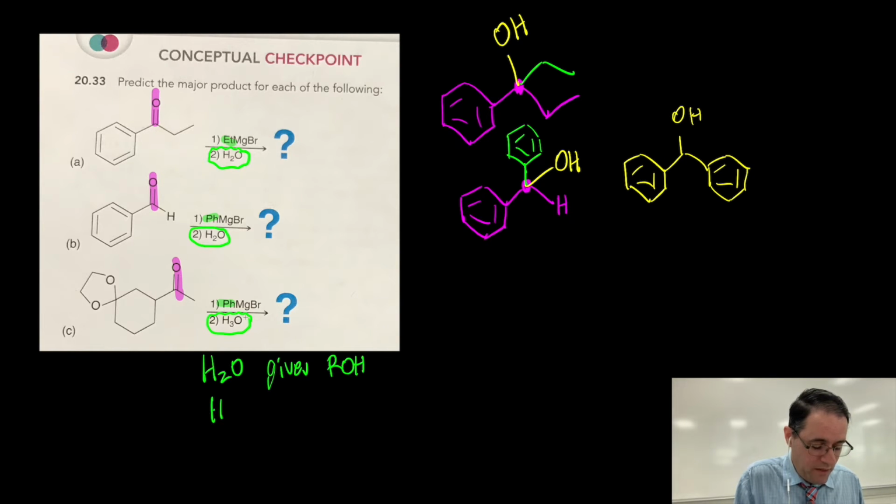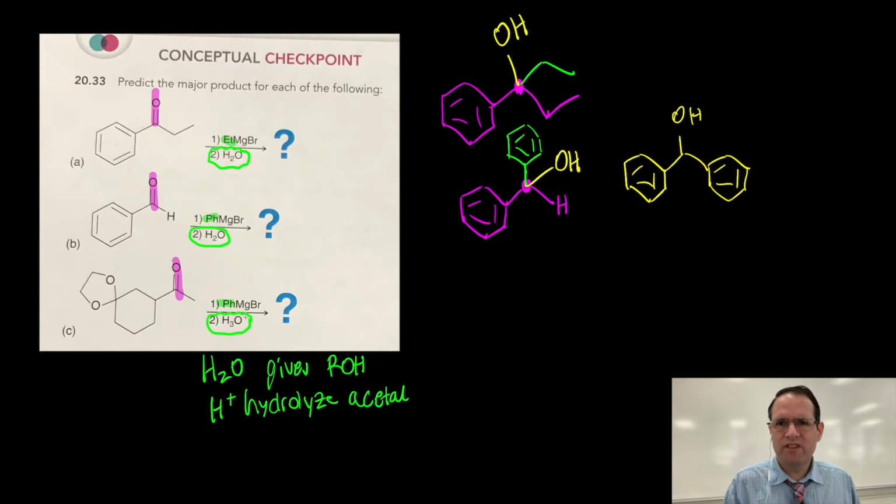But we also have H plus present, which is going to hydrolyze the acetal. And that's 20.6, I believe, if I remember the number. So this right here is a protected ketone, and that's going to be revealed when H3O plus hits that.